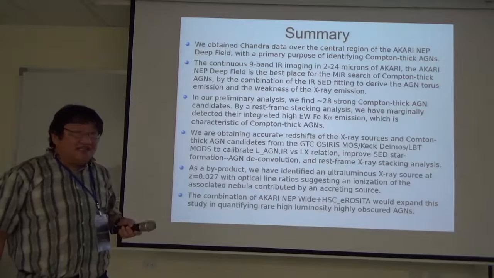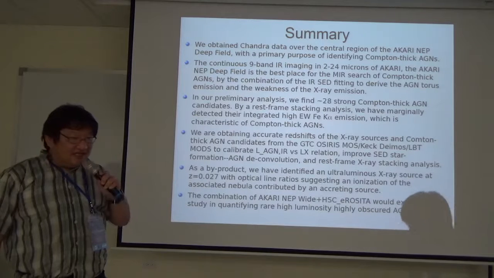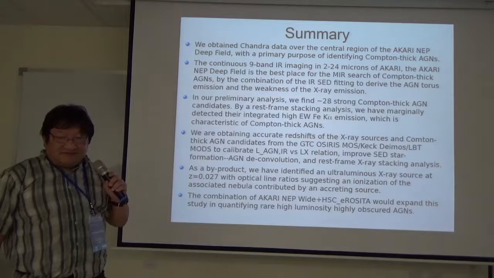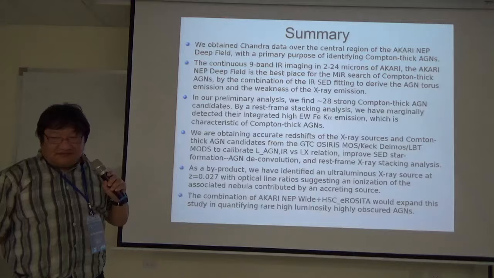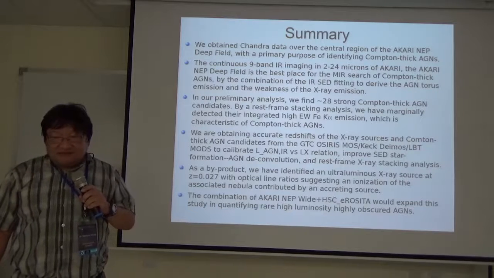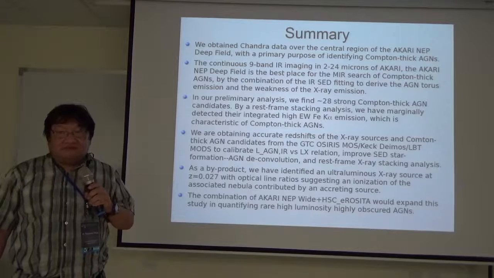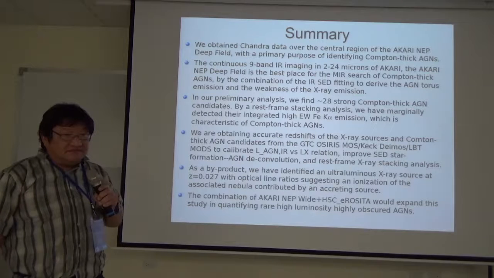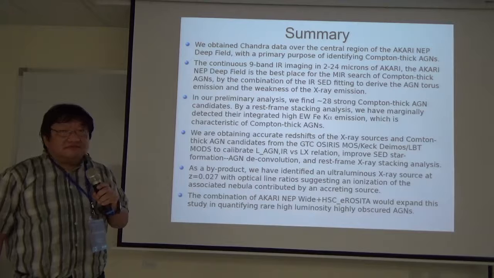Okay, just a quick question. I have a question. Yes, please. I'm just wondering, when you do the stacking for the Compton-thick candidates, I wonder what the typical star formation rate of their host galaxies is, and if those star formation rates are high enough that some of the ionized signals might come from, say, 6.7 keV emission.